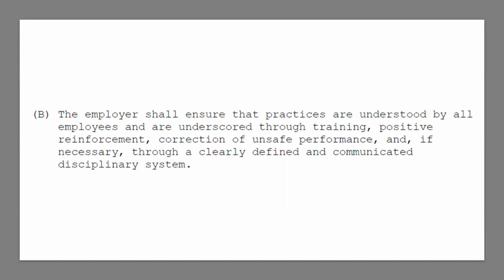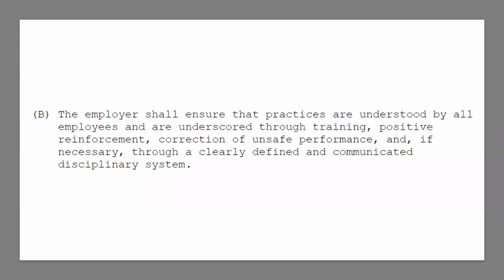So before we write people up, send them home, do whatever, unless it's absolutely life-threatening, we need to ask ourselves, did we properly train them so they really understood what they were supposed to be doing? Did we provide oversight and reinforcement of the correct, proper work methods?